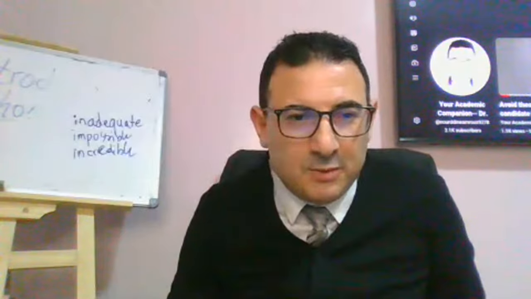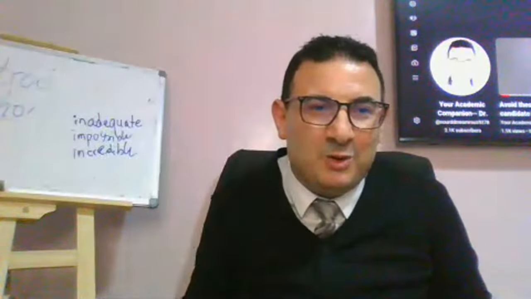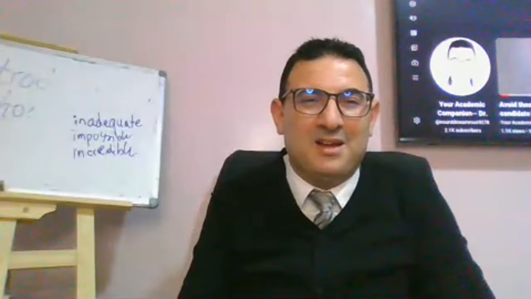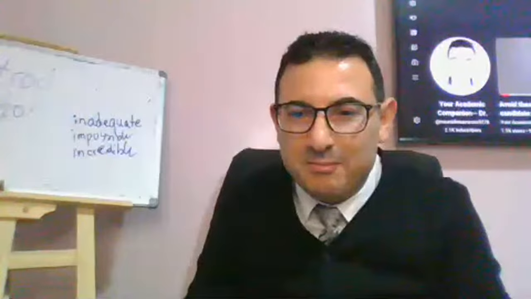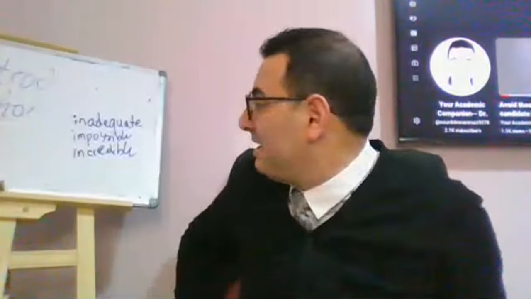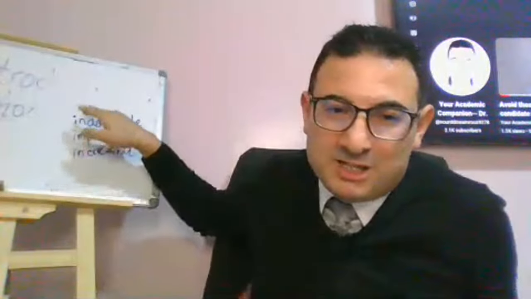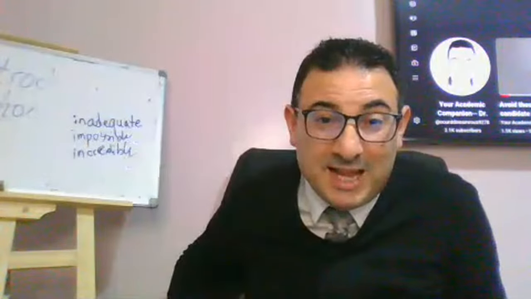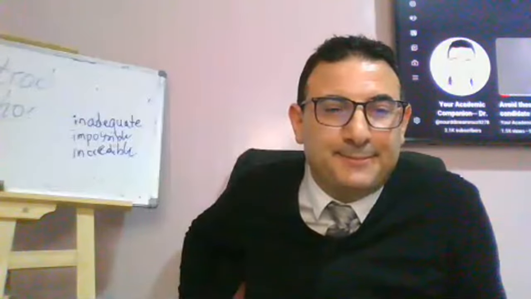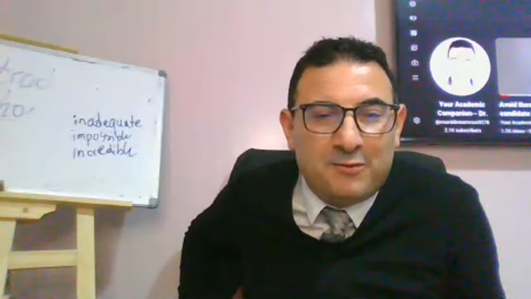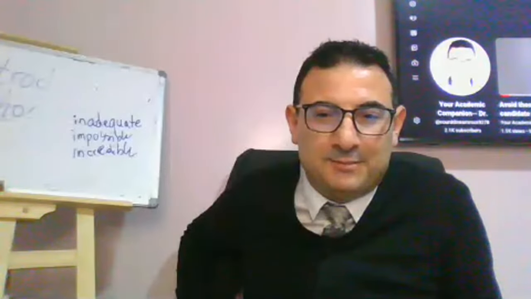If I ask any one of you to read these words with a relatively small tempo, I am more likely to have this being pronounced as inadequate with an n. Just focus on the pronunciation of the nasal here, please. So inadequate for the first one, impossible for the second one, and incredible for the third one.